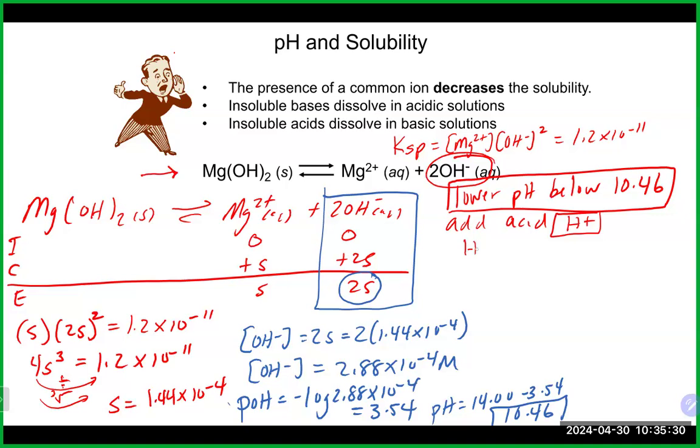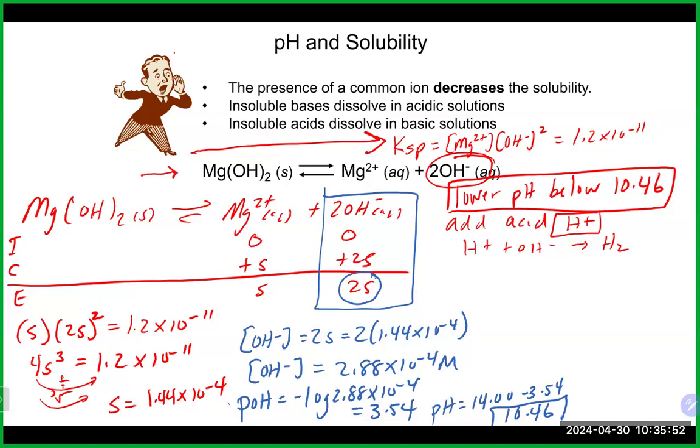Yes, the H plus and the OH minus will make water. That will essentially do what? That will essentially remove hydroxide, right, from this equilibrium. And when it removes hydroxide from this equilibrium, Le Chatelier's principle says it should shift which way? It should shift towards the side you removed it, right?